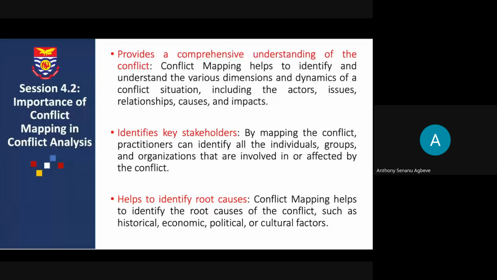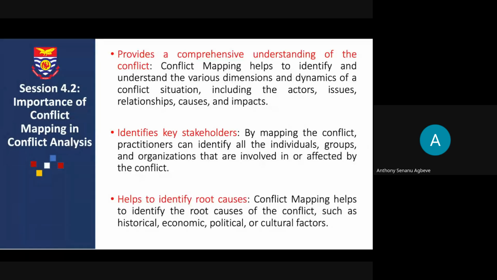Just like the other tools, it provides you with a comprehensive understanding of the conflict.